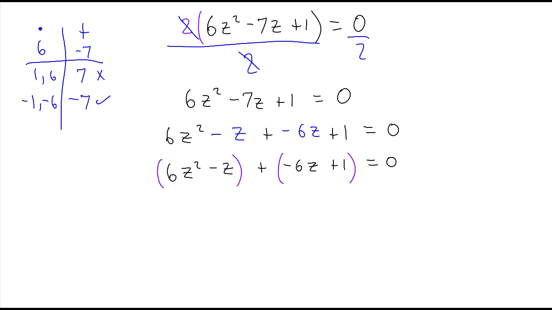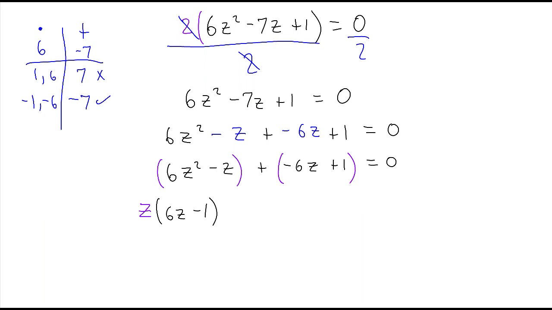So 6z squared minus z, those both have a common factor of z. Okay, so if I divide both of these by z, well, if I divide 6z squared by z, I'm left with 6z. And if I divide negative z by z, I'm left with negative 1. Now, negative 6z plus 1, they don't really have a common factor except for 1.